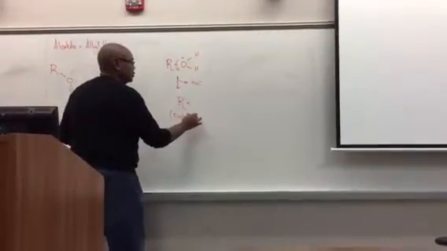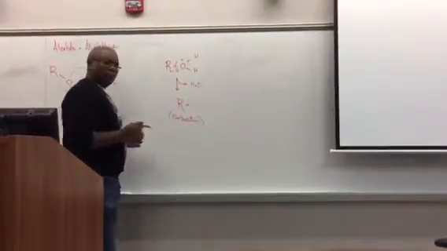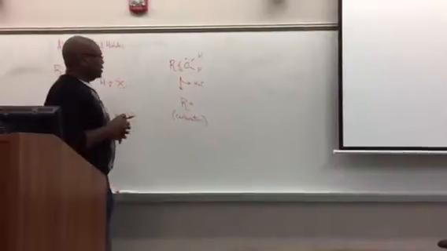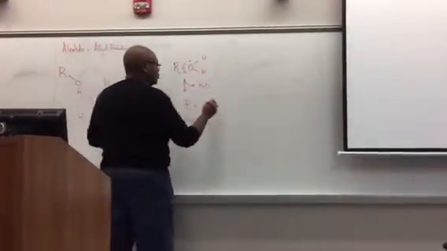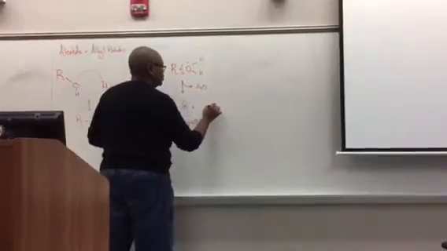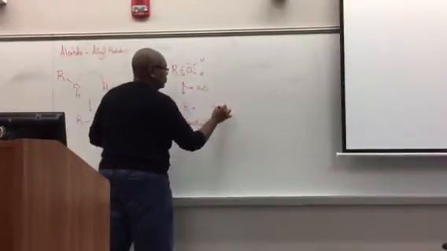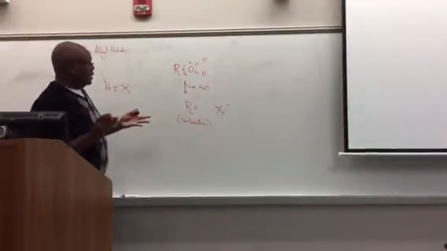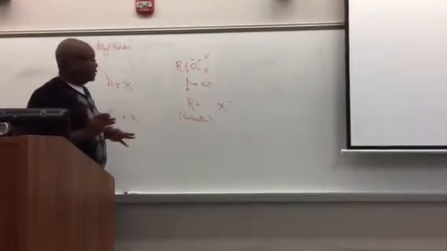Now, as you can imagine, carbon doesn't really like being a cation very much. So it's going to be looking for something to provide it with whatever electrons were taken away by the water.